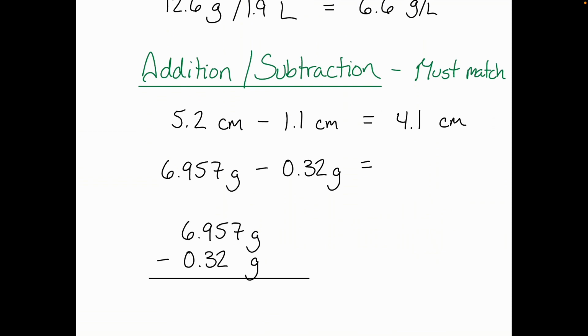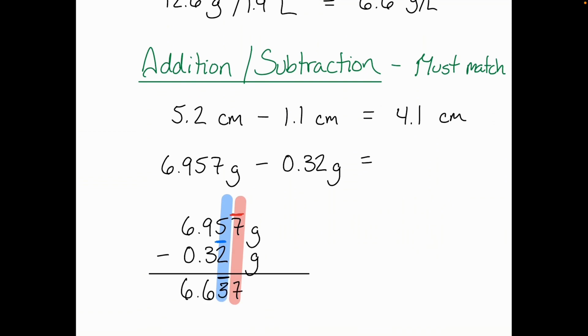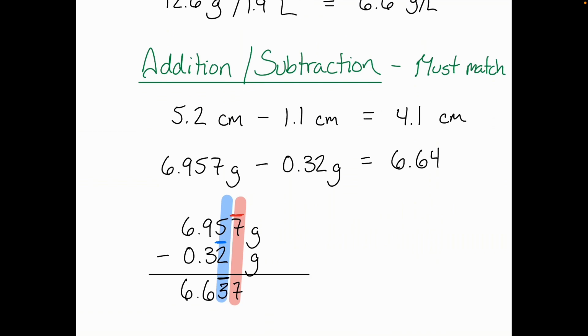Okay, and even before I punch it into my calculator, I can see based on the position of these sig figs here that my final answer is going to have to be rounded to the hundredths place, right? That position that's further to the left. So before I even punch it in, I know I'm going to round it here. But then let's punch it into our calculator. 6.637. And again, I'm rounding to that 3. So 6.64. And what are my units? Grams. Just grams, right?